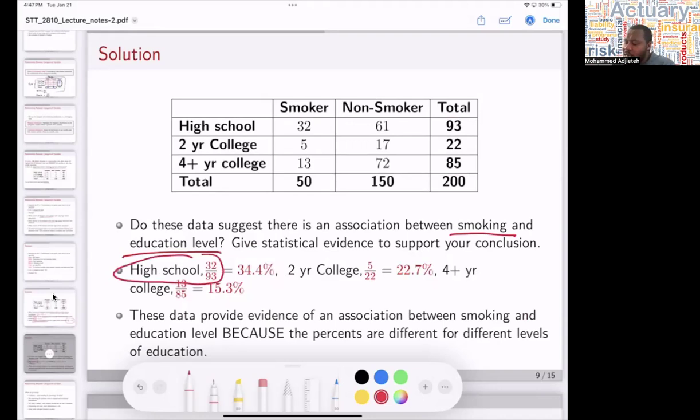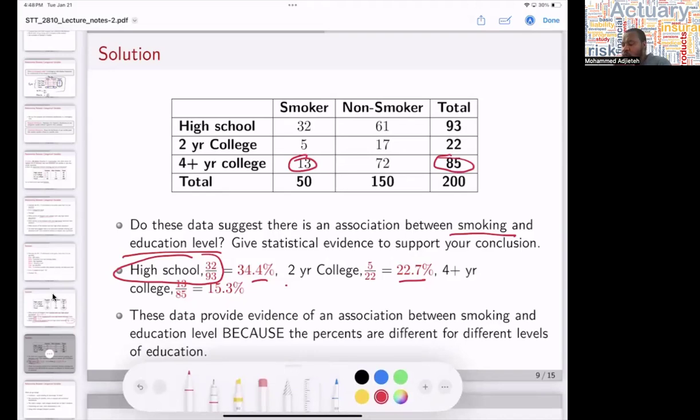And then for 2-year college, we had about 5 out of 22 people who were smokers. So you can see the percentage is reducing. And then with 4-year college, that is 13 out of 85 people, which gives you 15.3%.